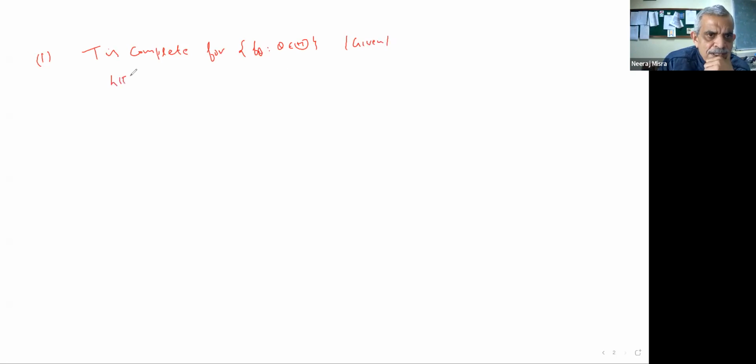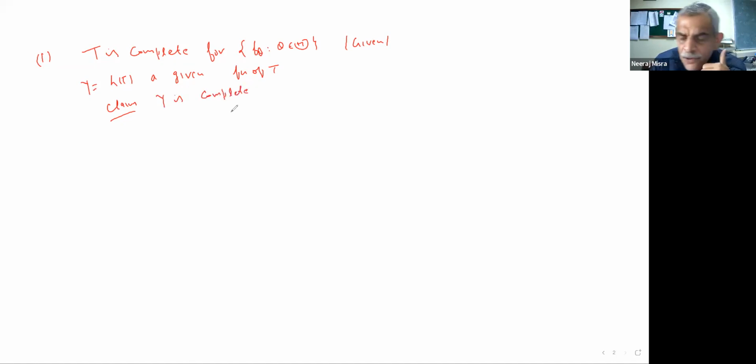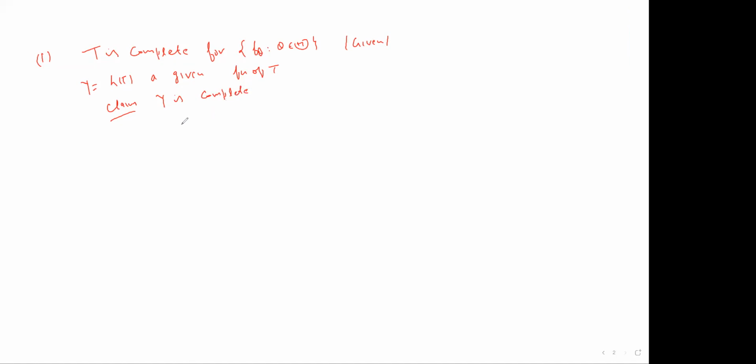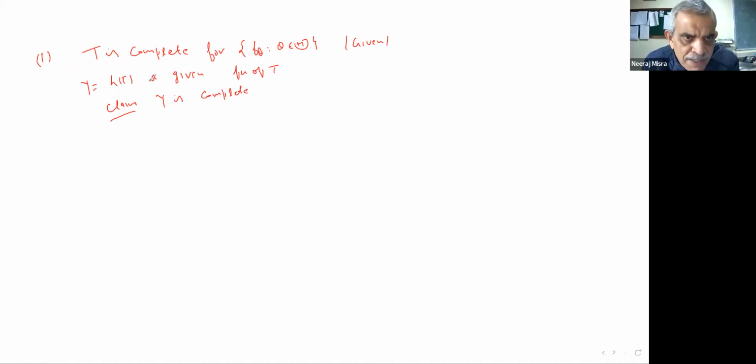H of T is some function of T, a given function of T. My claim is, so let me call this as Y, is Y is complete, right? That is what you have to prove. Is that clear? Yes or no? Yes, sir. You have to prove that if T is complete, if you are given any other function of T, that would also be complete.